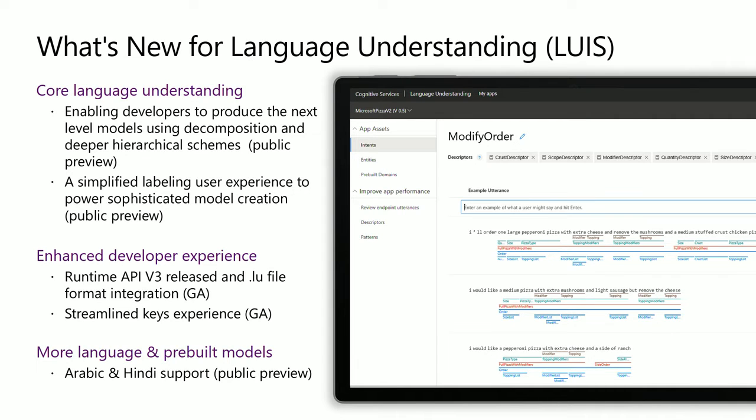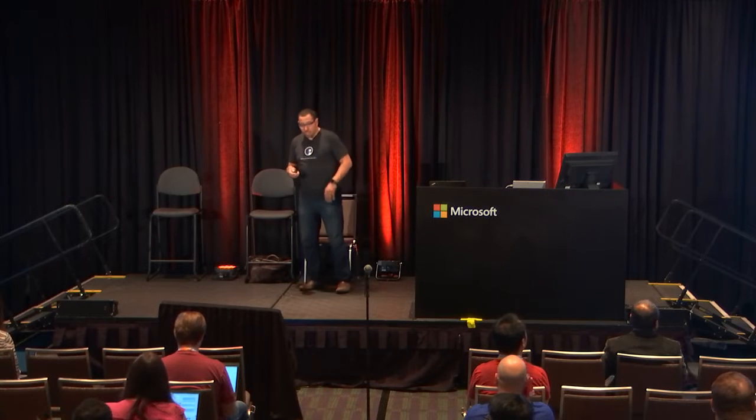The final bucket is regarding languages and pre-built models, and we continue to advance those for our customers. One of the major pieces of feedback that Cognitive Services all up has been getting is about our support for languages, as these services become more global and have more access to a variety of languages and cultures. LUIS is not very different from that.